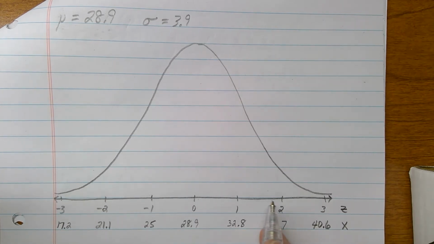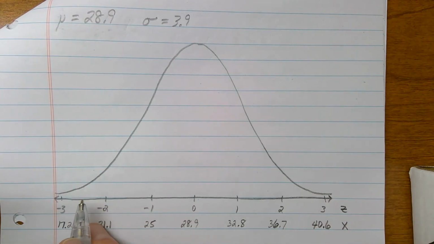Remember, anytime somebody's out here past about 2.5 steps, that's an unusual score. Over here, this is unusually high. So anything in this neighborhood out here is unusually high. And if I go 2.5 steps the other way, anything in this neighborhood is unusually low. So when we're down here in the 17-point range and lower, those are unusually low.